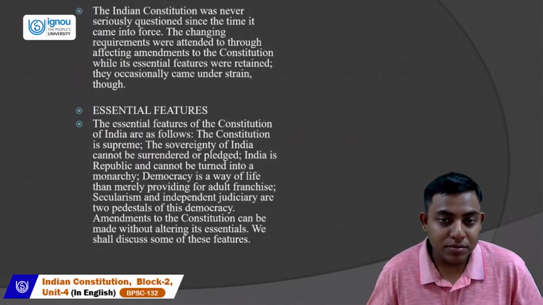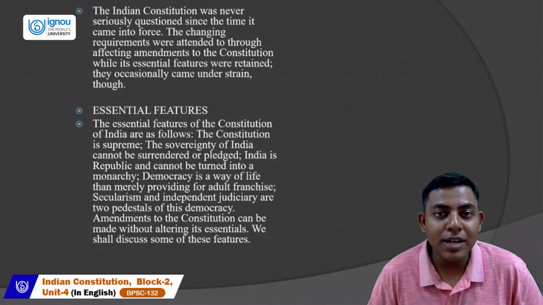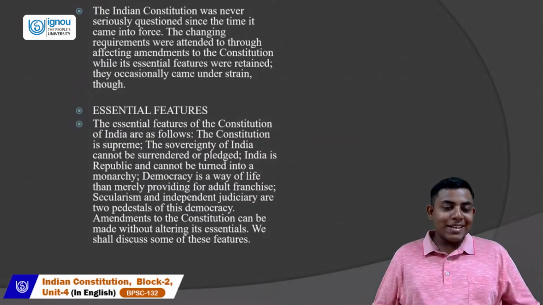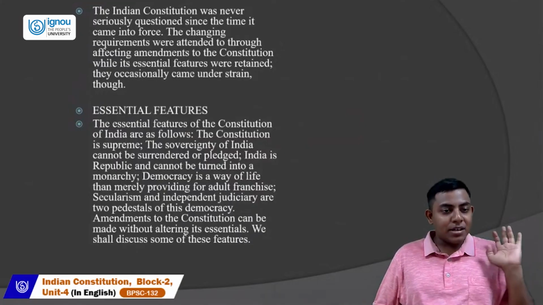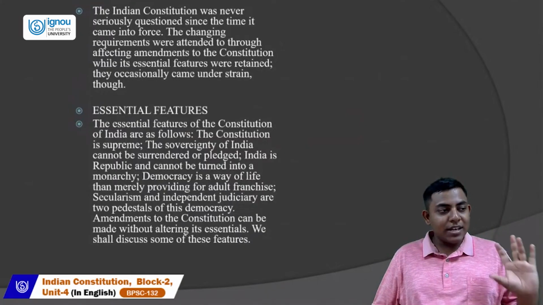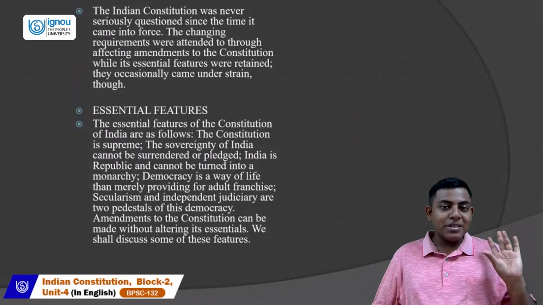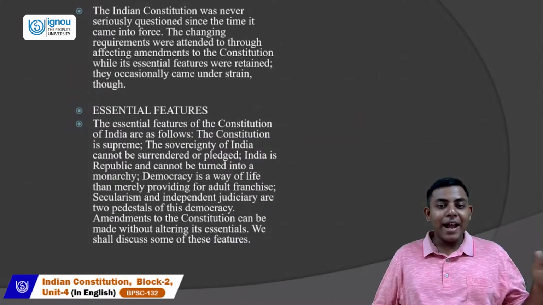However, the Supreme Court, in its landmark judgment of Kesavananda Bharati versus Union of India, delivered on 24th April 1973, gave the doctrine of basic structure. It said that the constitution can be amended using Article 368, but the constitution has a basic structure which cannot be amended at all.